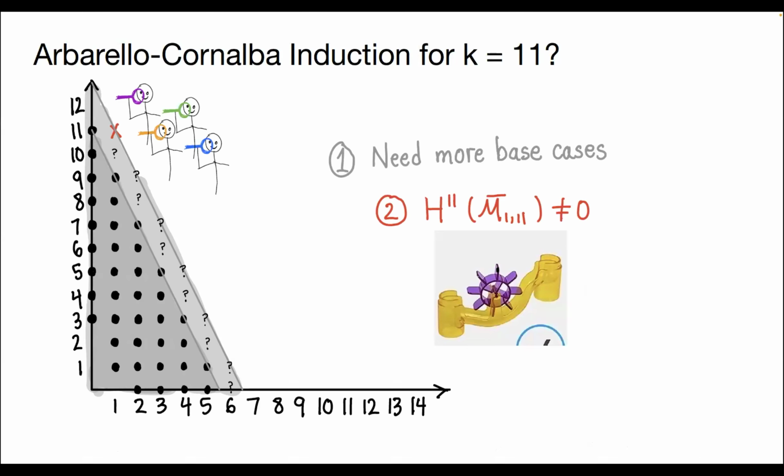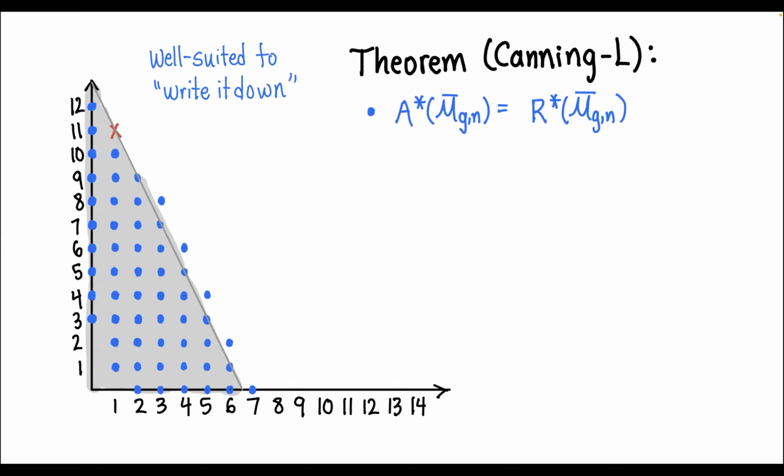So where do more base cases come from? This is where Chow rings come back into the story. Now, I'm looking to understand something in this finite region where g and n are small. This is where the write it down method really shines. So this is a theorem joint with Samir Canning.